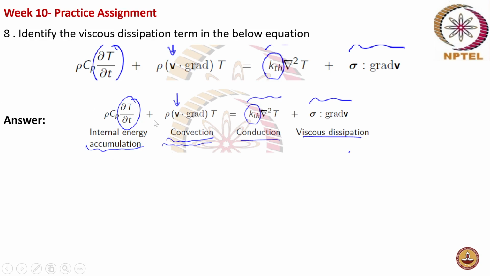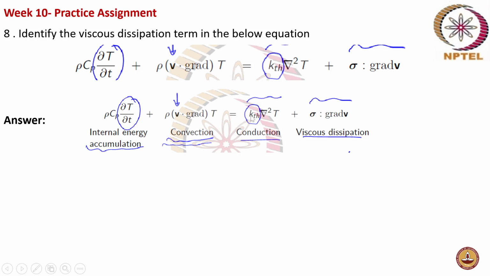So the first term represents your internal energy accumulation term. The second term, since it's a gradient of velocity with velocity multiplied, is convection. There is a movement, right? So heat transfer due to movement of molecules. So this is a convection term, and this is a conduction term.